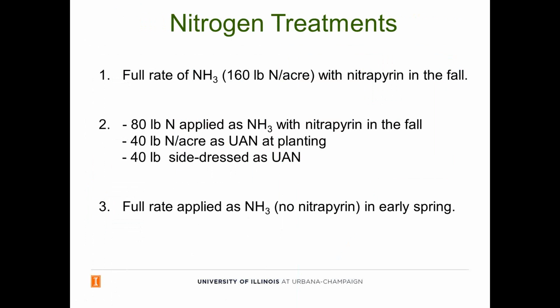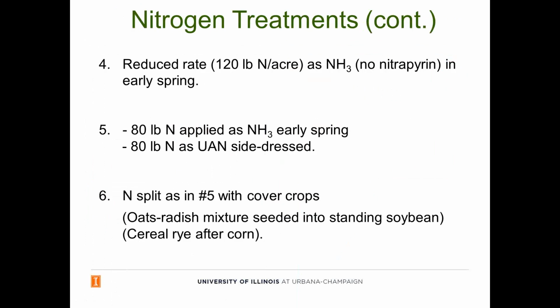Then our third treatment is a full rate of anhydrous in early spring without inhibitor. Then we have one treatment that is reduced. It's a 75% rate. Again, all of it applied in the spring. This makes sure we're not over applying nitrogen. This treatment should lead to a yield loss each year, and it does.